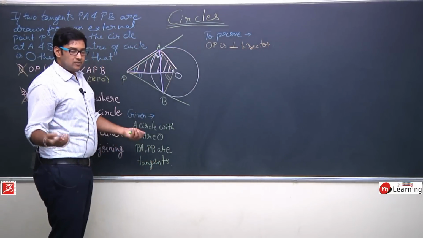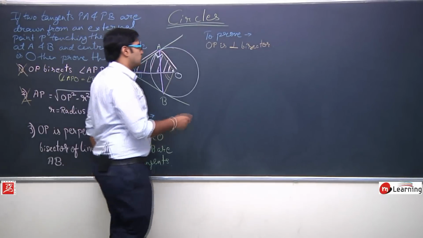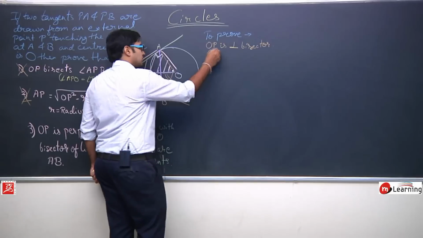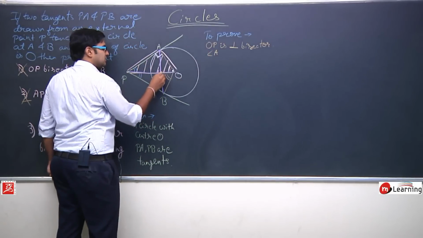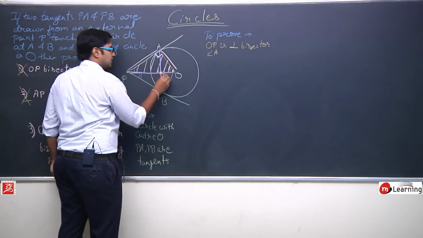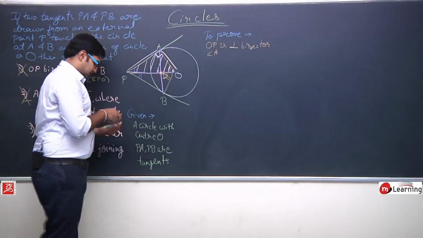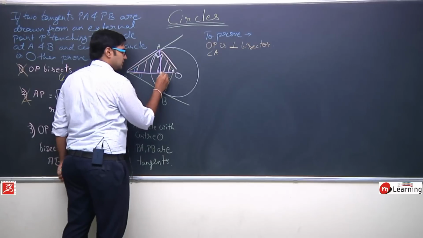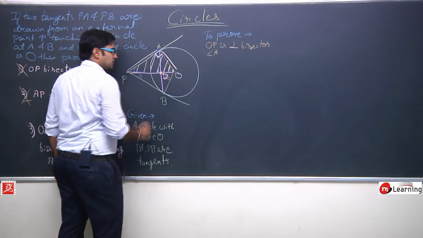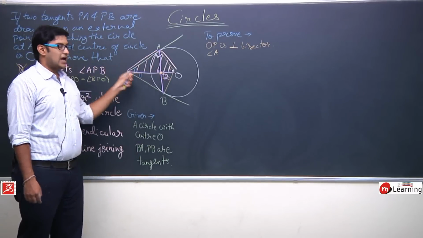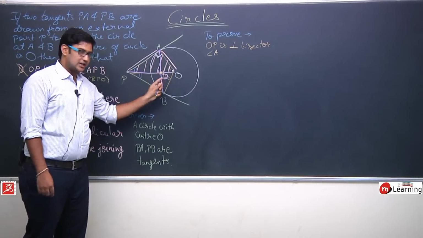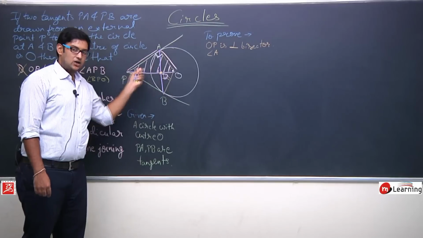OP is the perpendicular bisector. It means I need to prove angle A. Let us name this point as D. I have assumed that D is basically the intersection of AB and OP.